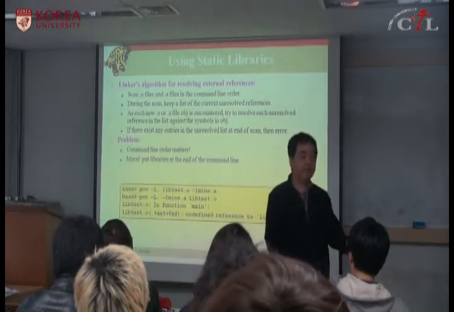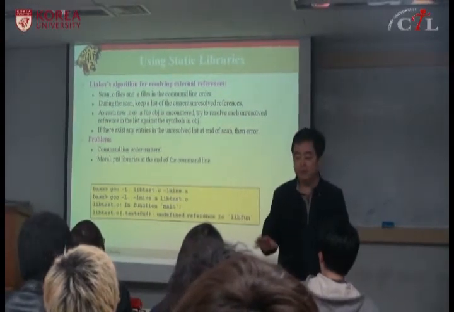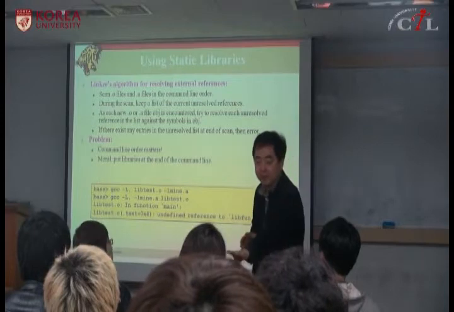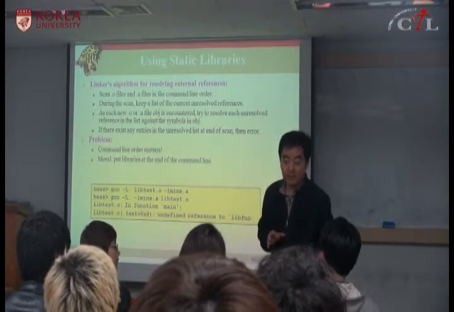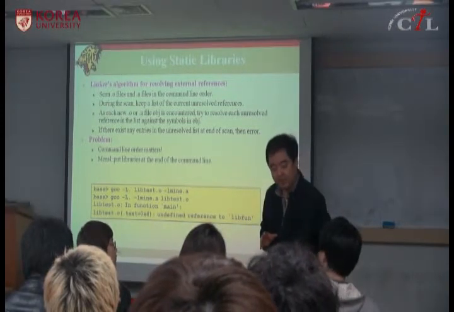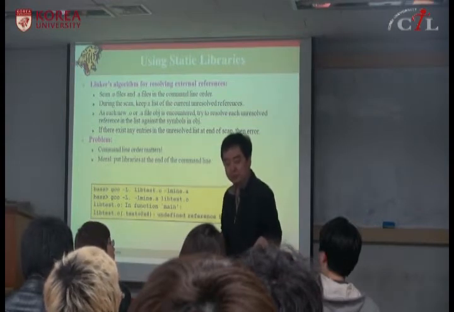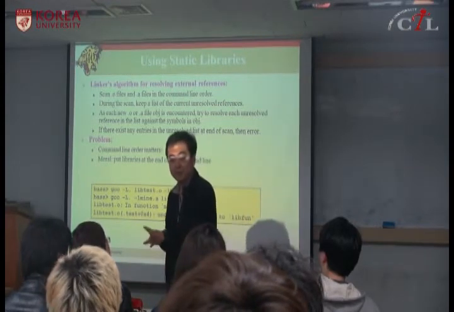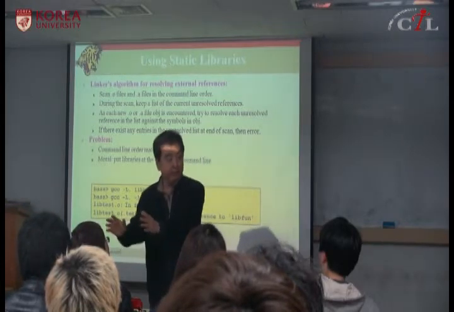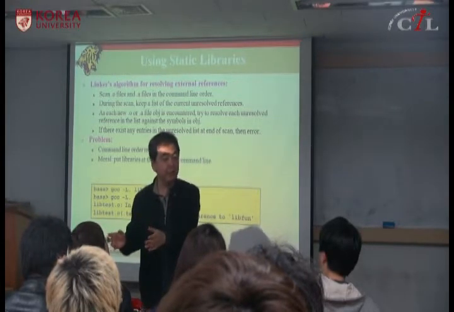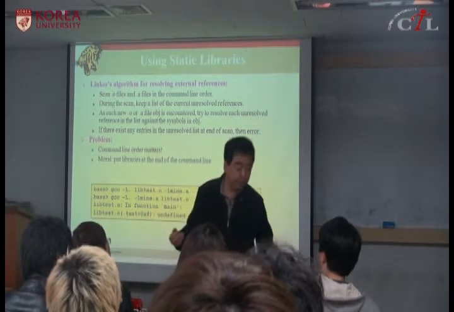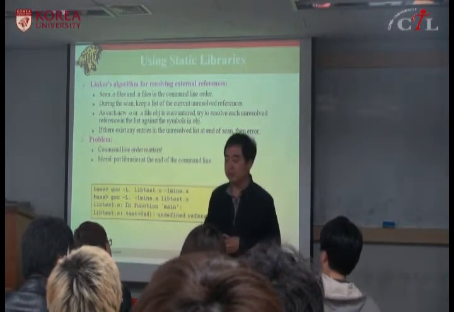Okay, so I have m.o and a.o, and they refer to functions somewhere here. Once you scan, you try to resolve references. If printf is used here, the linker looks at the standard C library and extracts printf.o.